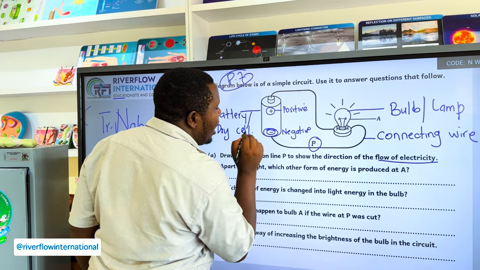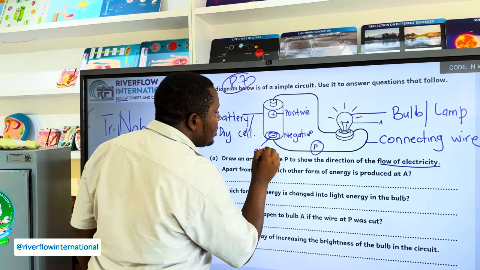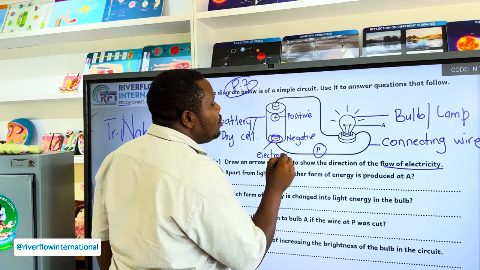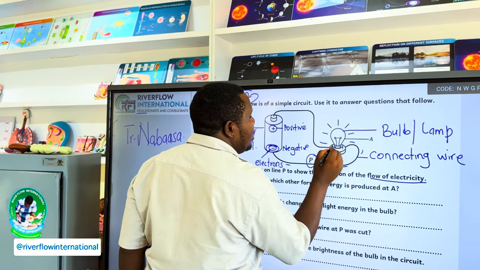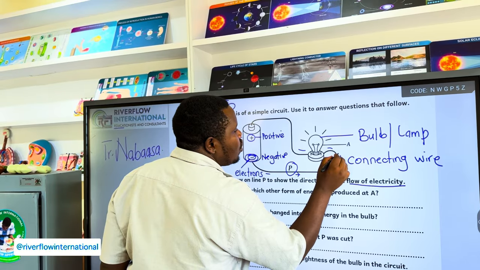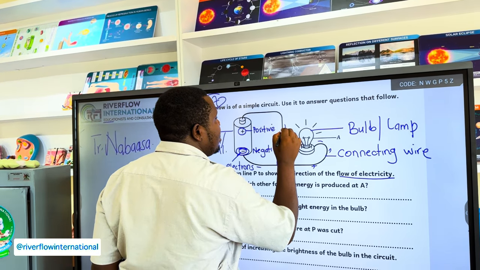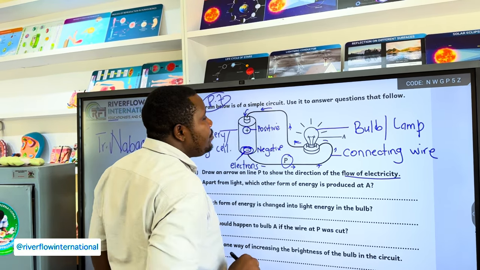Remember, this terminal has a concentration of electrons. These electrons will always move to the other terminal, which is the positive. So the electrons will be moving like this, coming to the positive terminal.